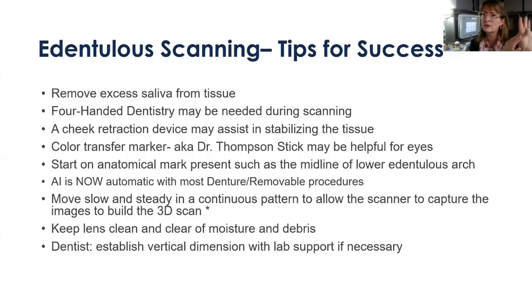I also keep them in the crook between my finger and my forefinger so that I can take a gauze, wipe off the tissue, and then immediately scan. Wipe off the tissue and keep on scanning. The drier we can keep the oral cavity, the better the stitching of the individual images will occur.